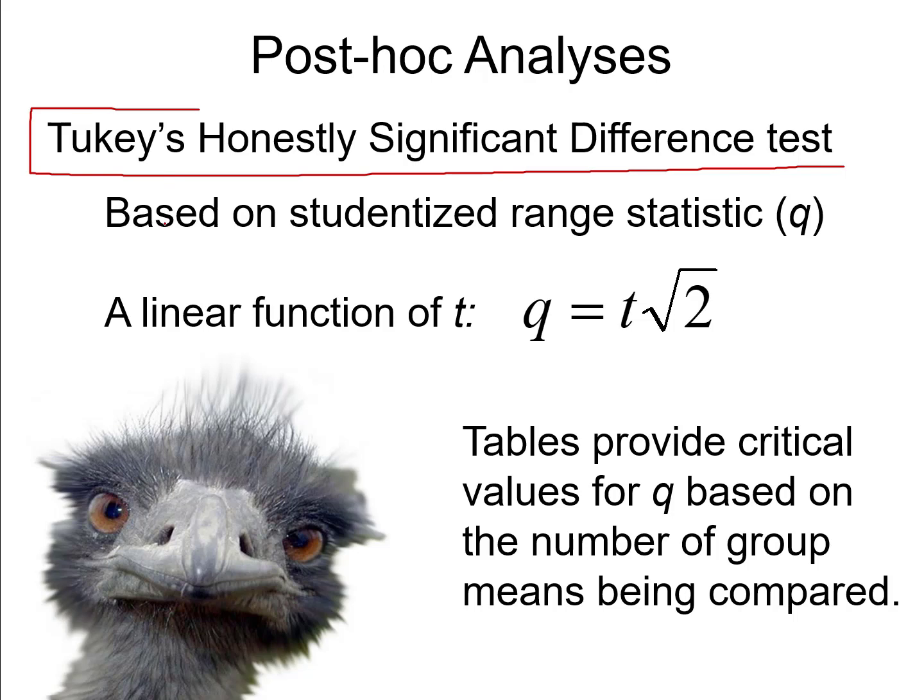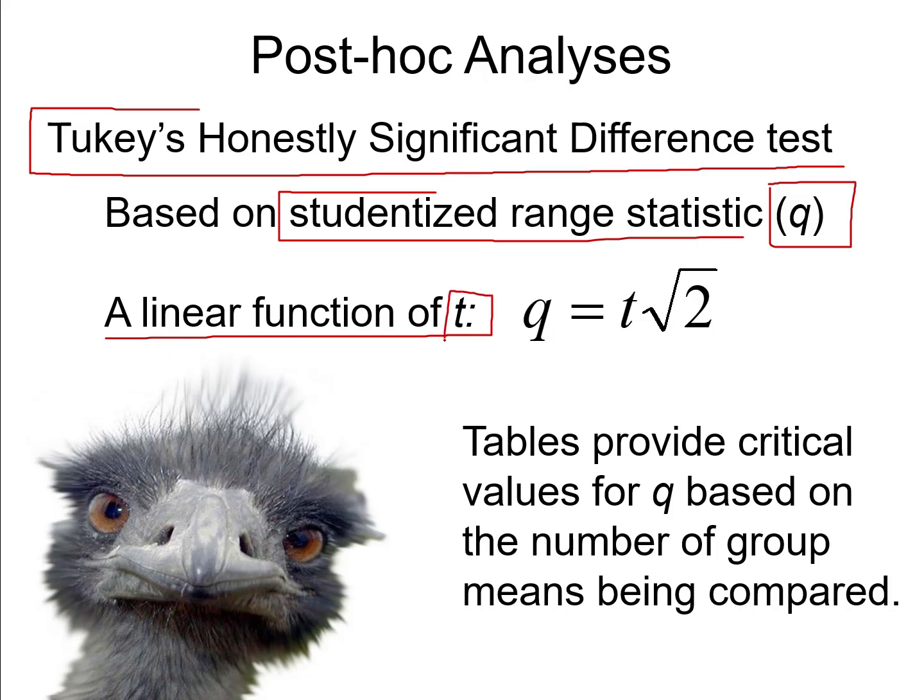The Tukey test is based on a statistic called the studentized range statistic, indicated with the letter Q. Now, this is a lot of words to describe something that's actually very simple, because Q is simply a linear function of a t-test, and Tukey has simply provided tables that we can use to determine if our Q is significant after correcting for family-wise error. So that's essentially all there is to it.